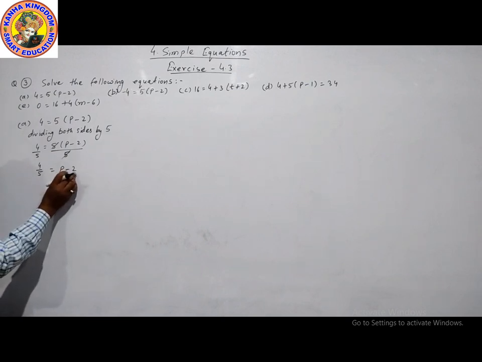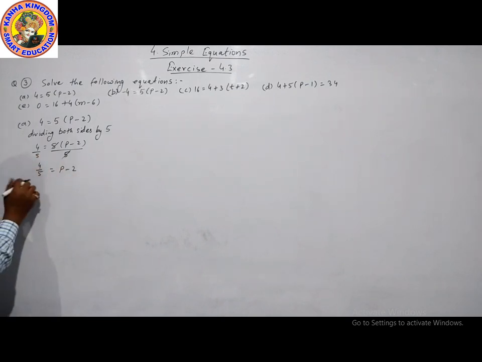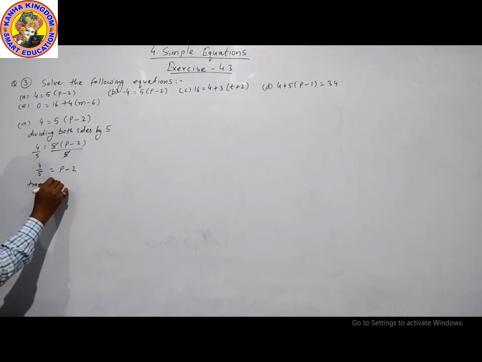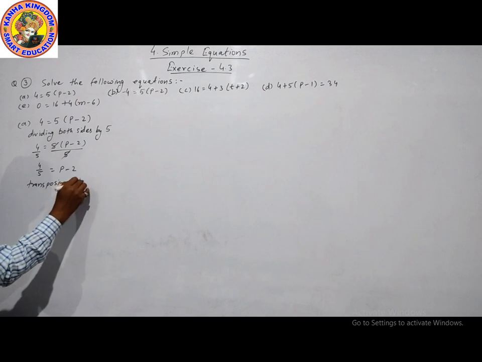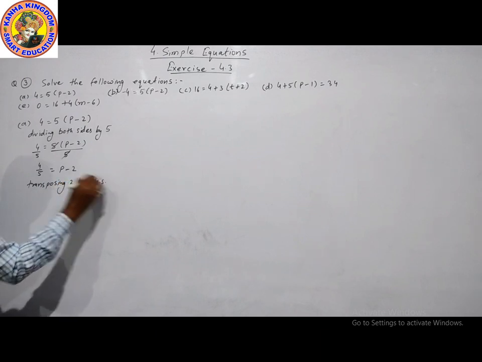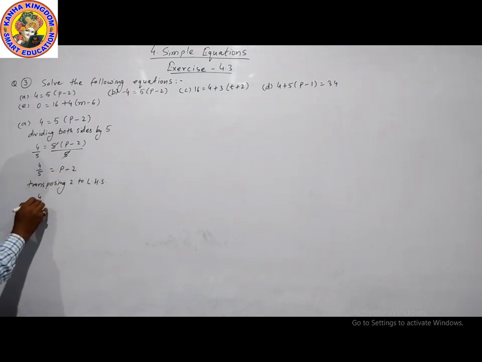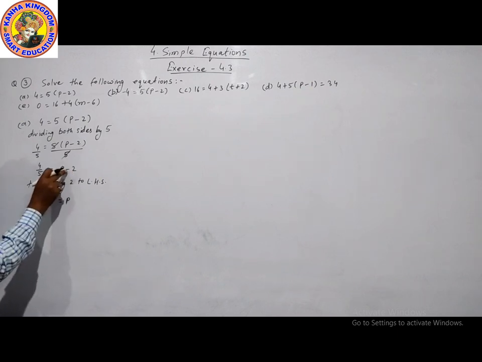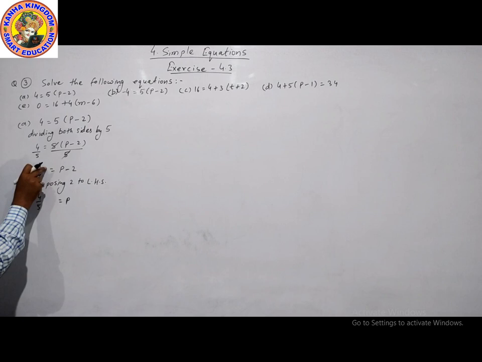Now here is minus 2, so we will transpose 2 to the left hand side. 4 by 5 and p. 2 has a minus sign, when it moves here the sign will change, so this will be plus 2.